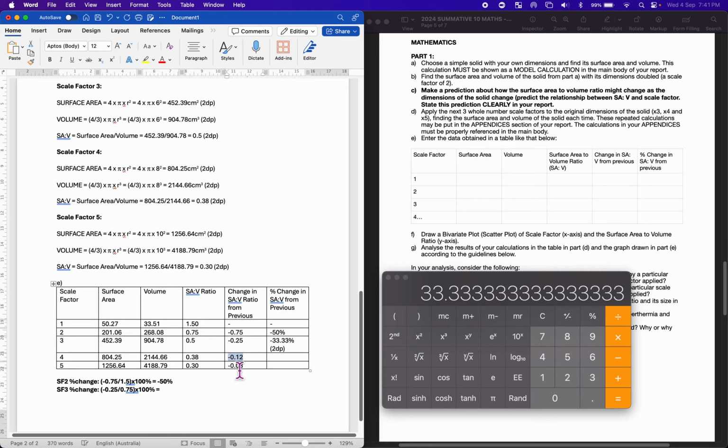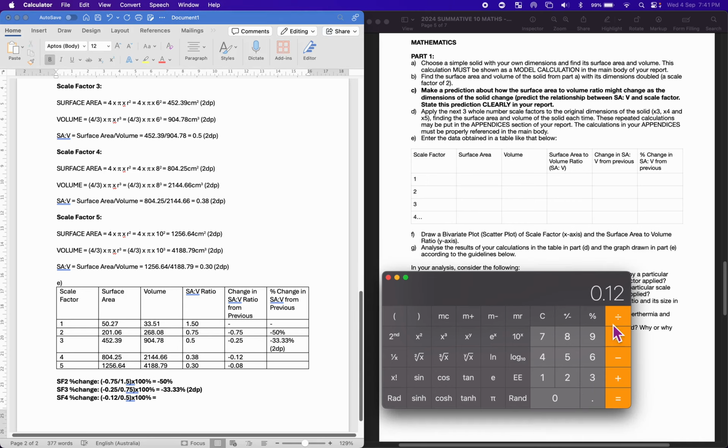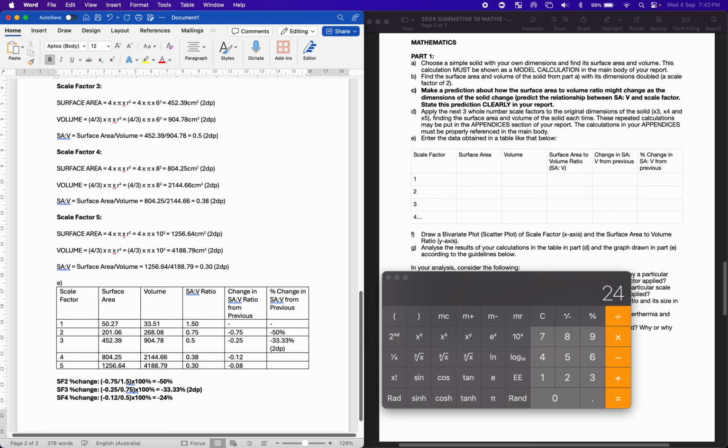Next one, SF4 percent change, negative 0.12 divided by up to the left, 0.5, times by 100% equals 0.12 divided by 0.5 times by 100. That's going to be negative 24%.